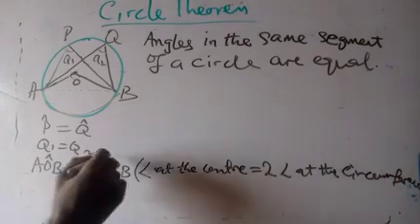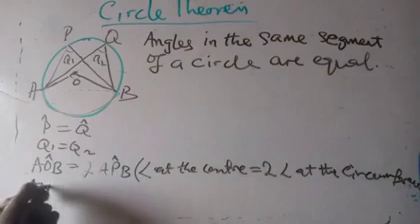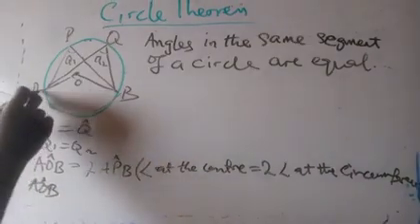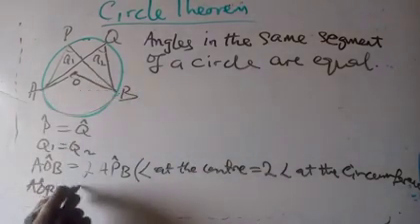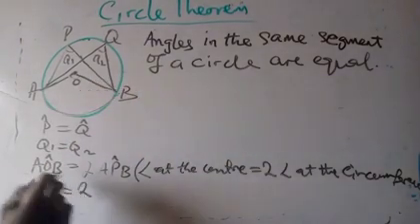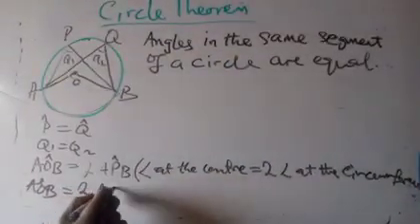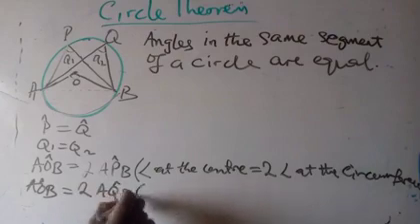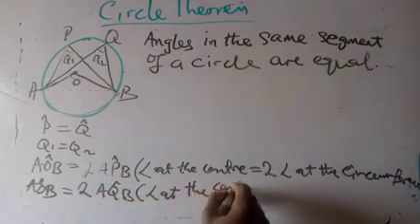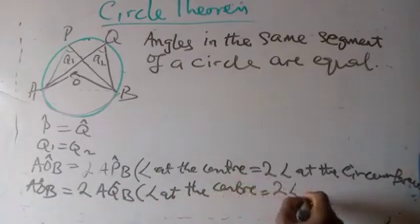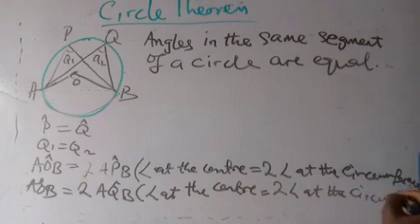Okay, so at the same time, angle AOB equals twice angle AQB. That is, same reason, angle at the center equals twice angle at the circumference.